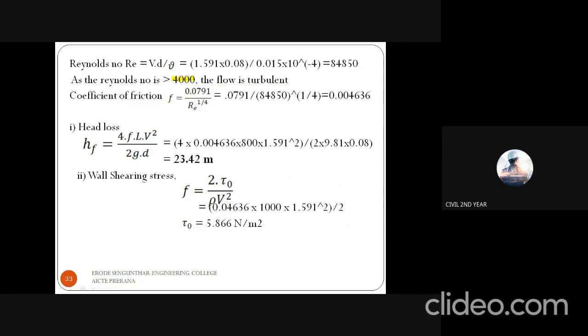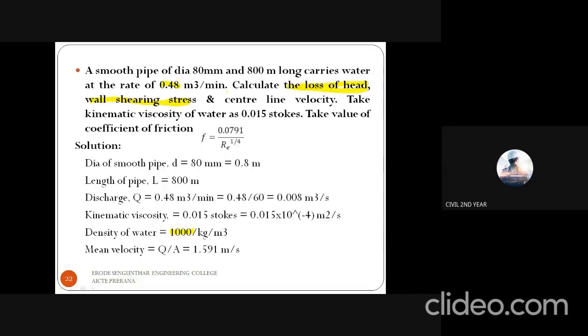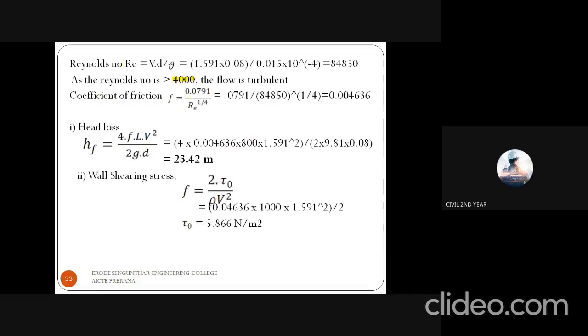So the coefficient of friction, the friction factor F, is given by F equal to 0.0791 divided by Re power 1 by 4.